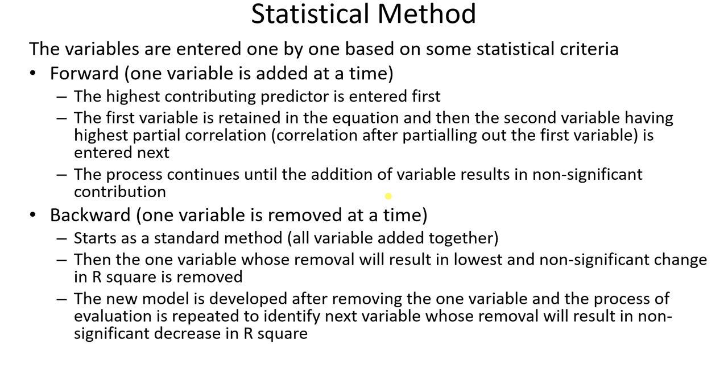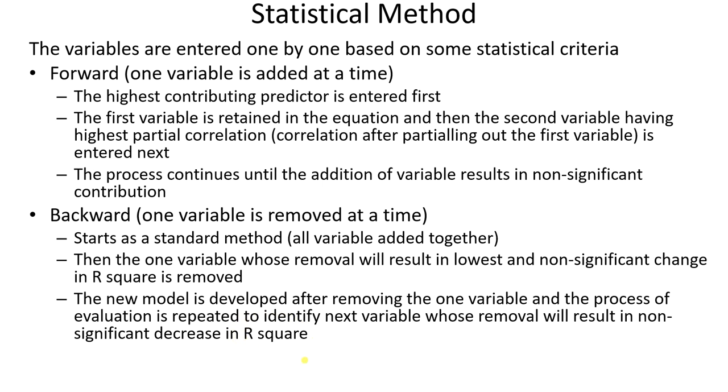Similarly, we will remove the others, and we will continue this process of removal up to a point when the removal of a variable results in a significant decrease in the variance explained, and variance explained is always given by R square, the square value of the correlation.